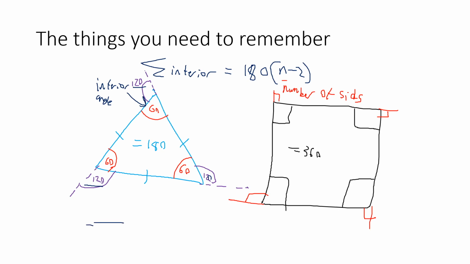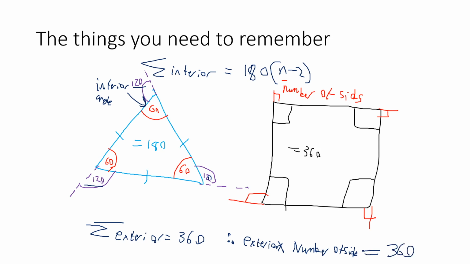So the sum of the exterior angles is just going to be 360, and therefore the exterior angle times the number of sides is equal to 360.